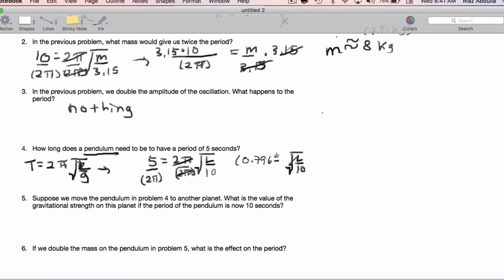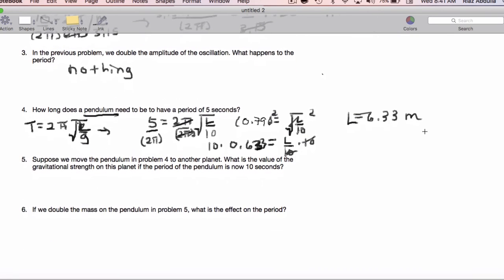We're going to square both sides. That's going to give us 0.633 equals L over 10. We'll multiply both sides by 10. That'll cancel here. And so we're going to get L is 6.33 meters.